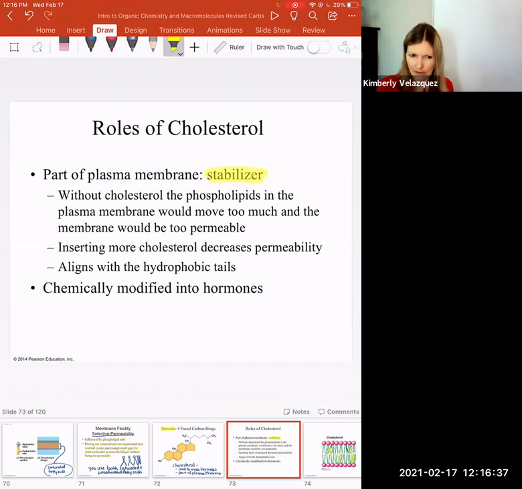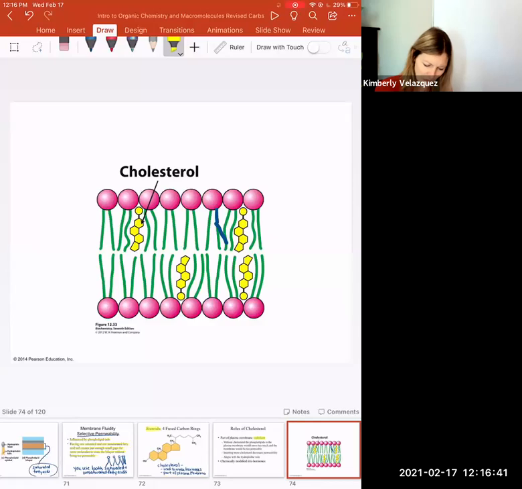Cholesterol stabilizes those phospholipids and keeps them from moving around too much. So this was the picture I showed you before. That cholesterol is a stabilizer in the plasma membrane. It keeps those phospholipids from being too fluid and moving around too much. Without that cholesterol, that plasma membrane would be too leaky because as those phospholipids are moving, molecules can slip through.